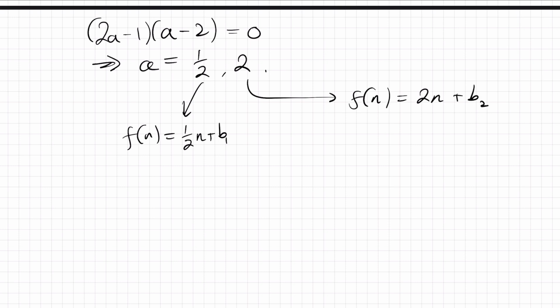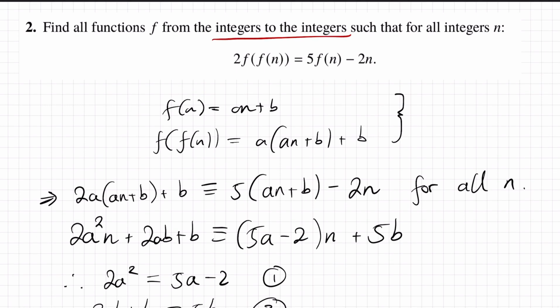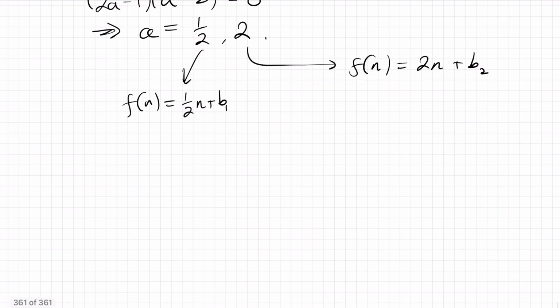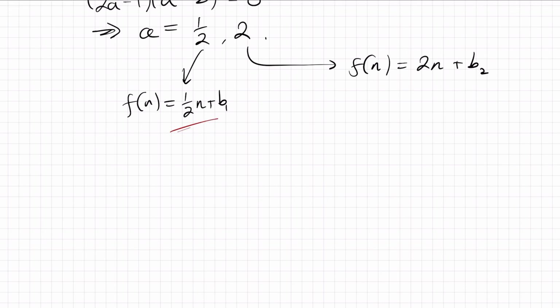Okay, now it's important to read the original question here. So notice how it says from integers to integers. So no matter what b1 is, even if this was some fraction, if a was a half, then there would always be numbers which we could put into n to make this return a non-integer. For example, if we put f of 1 in, that would give 1 half plus whatever b1 is.